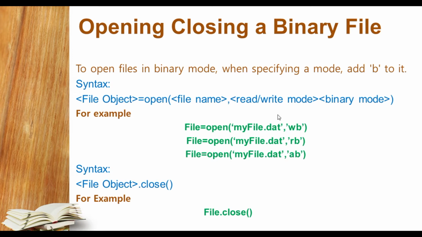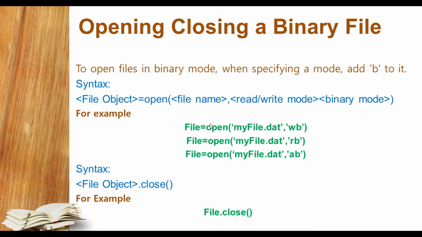We can see the example here: file equals open, file name myfile.dat. Here you can see the extension dat. The extension can be exe, dat, bin, doc, etc. Anything is possible, but the mandatory information is that there should be binary mode.